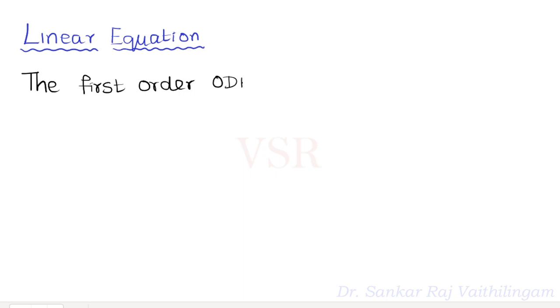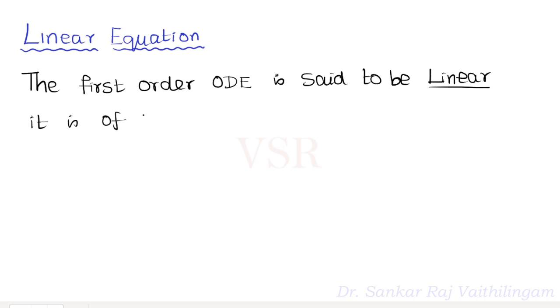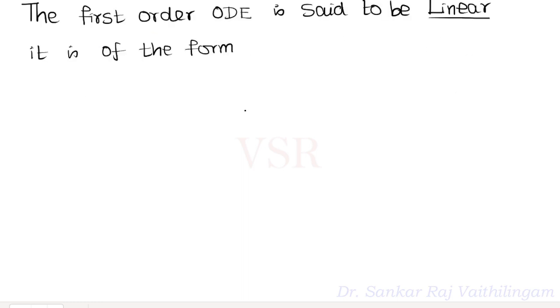ODE is said to be linear, said to be linear differential equation if it is of the form, this equation, that is dy by dx plus p of x y is equal to q of x.